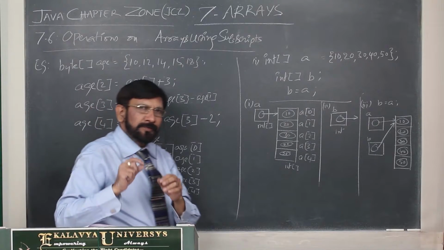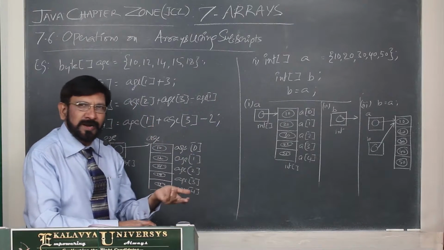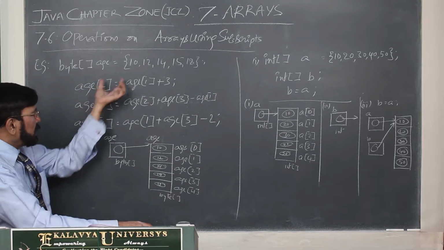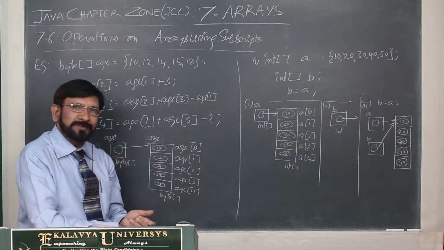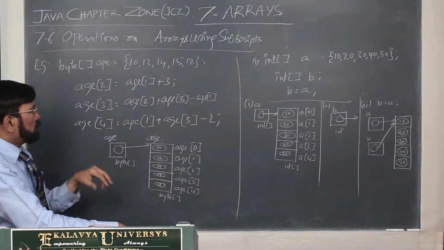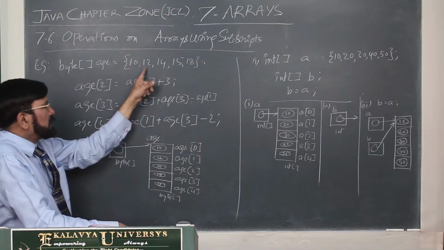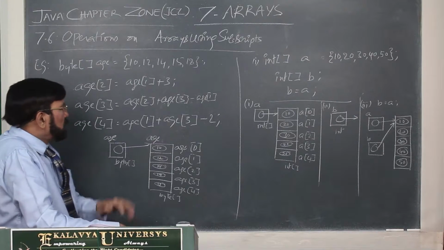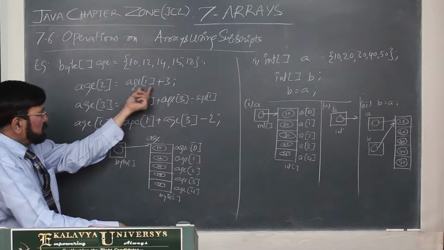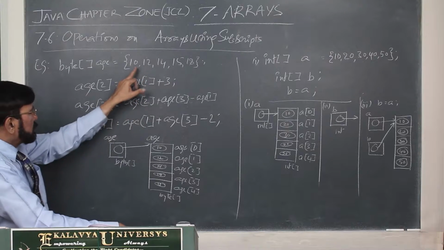In the same manner as you deal with variables, with the same amount of freedom, you can take the individual elements and perform operations. Now you see the simple examples I have given: age 2 is 12. Now I want to make it 15. Then what can I do? I can directly assign 15, or otherwise age 1 plus 3, sorry, I want to make it 13.